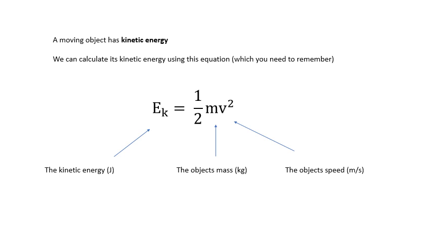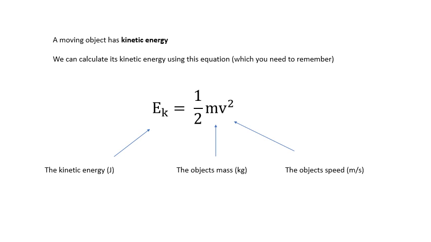EK, kinetic energy in joules, capital J, is a half, which is 0.5, times m, the mass of the object in kilograms, times v squared, where v is the speed of the object in meters per second.